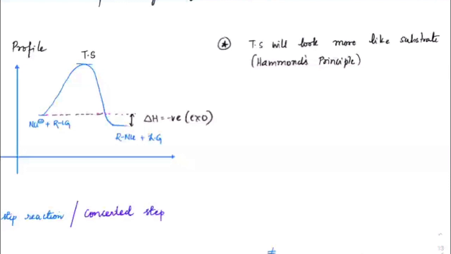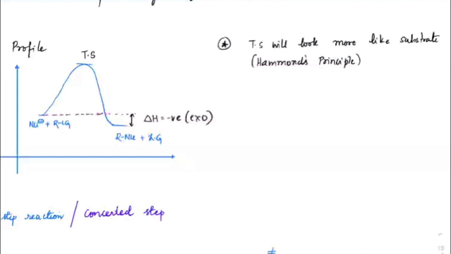So if you consider the transition state, the nucleophile is attacking this carbon, and the leaving group is going from the other end. This is delta negative, and this is the transition state.